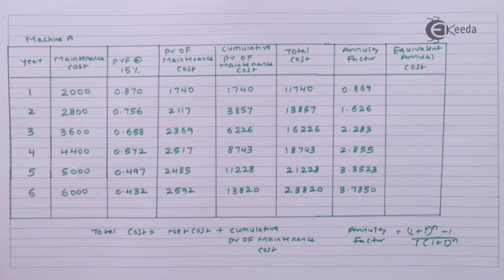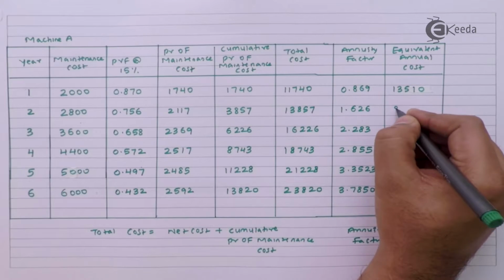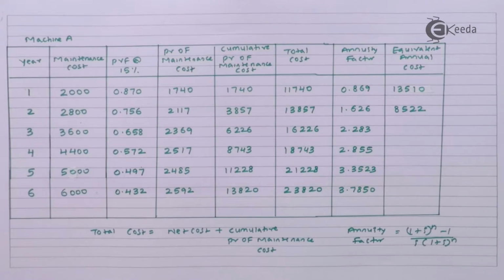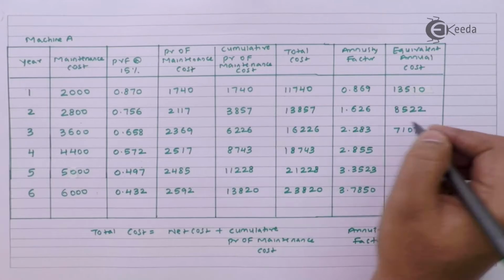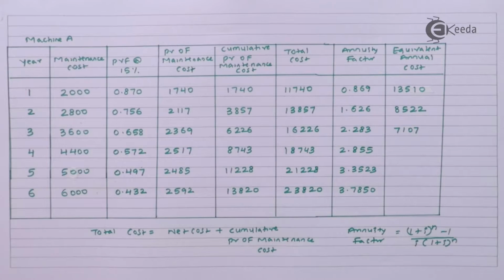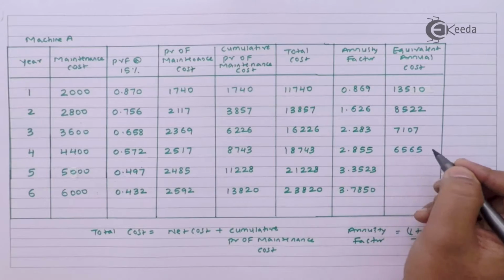11,740 divided by 0.869, so 13,510. Next it will be 13,857 divided by 1.626, 8522. For third it will be 16,226 divided by 2.283, 7107. Next it will be 6564.9, that is 6565.